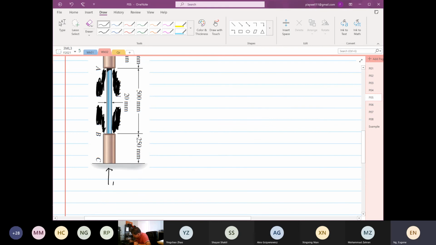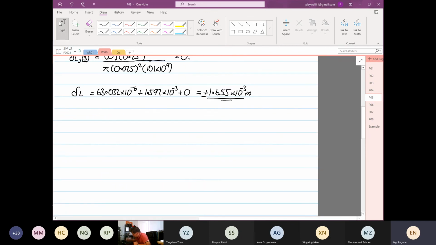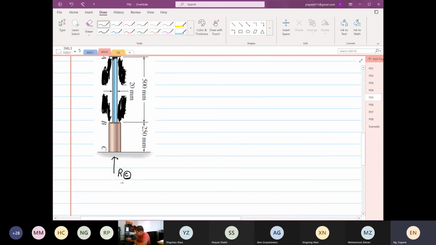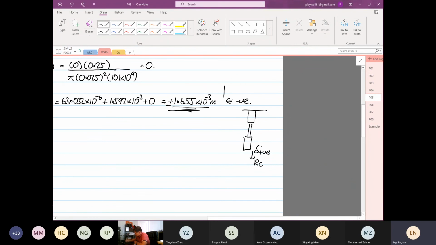So this is my reaction at point C. Now, if it happened that this is negative, in another case, if we were given the entire structure and we calculate that the applied load is negative, then your RC will be in this direction to induce a positive deflection. For this case, it's in tensile. We know it's coming down. We push it back. This is a different case.